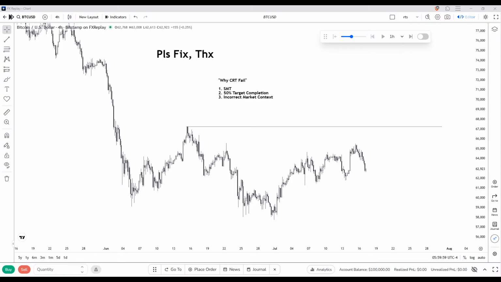So basically what I was trying to do on Thursday of this week, which was July 23rd, 2026, was go long Bitcoin into the draw on liquidity, the buy side draw on liquidity.